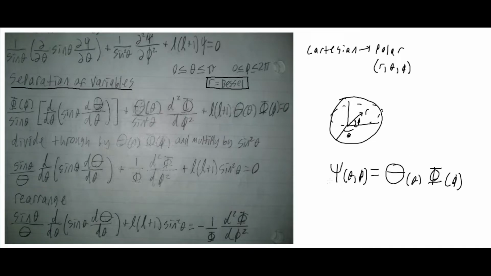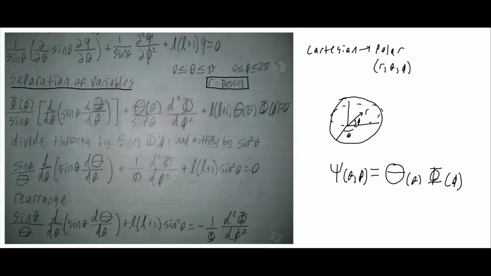So it's separating this into the product of two different functions, one of just the single theta variable and one of the single phi variable.